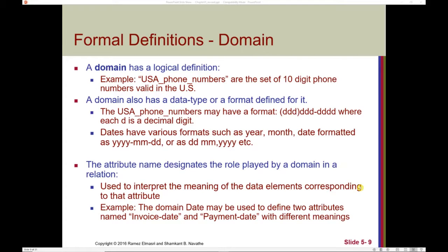So here we can see the format, parentheses for the area code, and a hyphen, and we can also set it to be an integer or a decimal or a varchar. The attribute name designates the role played by a domain in a relation, and it can be used to interpret the meaning of the data elements that correspond to that attribute. So for example, if we have something like social security number, we can use that to interpret the numbers that are in the column, rather than just thinking of them as some random digits.